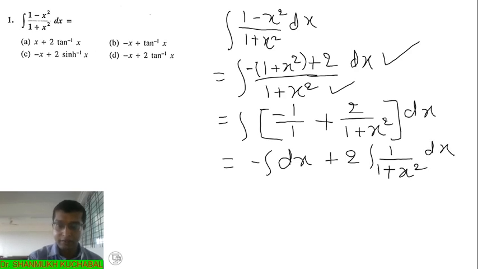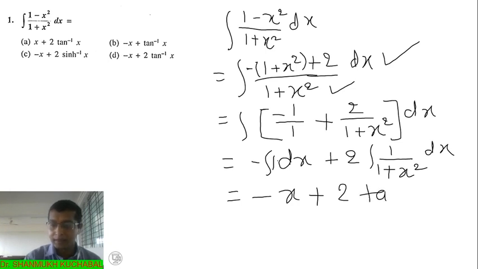So further, minus as it is, integration of dx, or 1 into dx, is x. Further, 2 as it is, integration of 1 divided by 1 plus x square is tan inverse x, and the constant of integration plus c we can write because it is an indefinite integration.